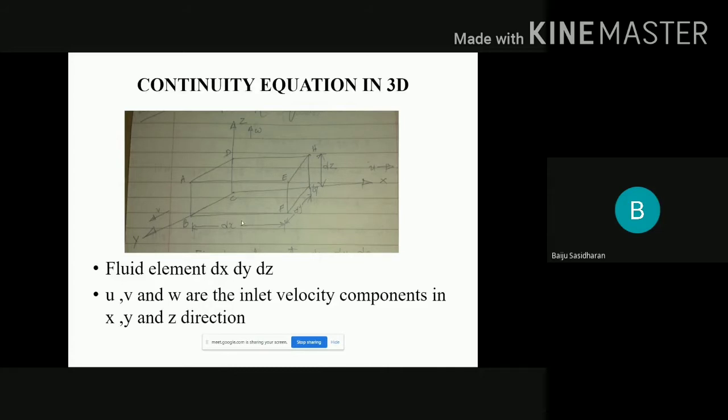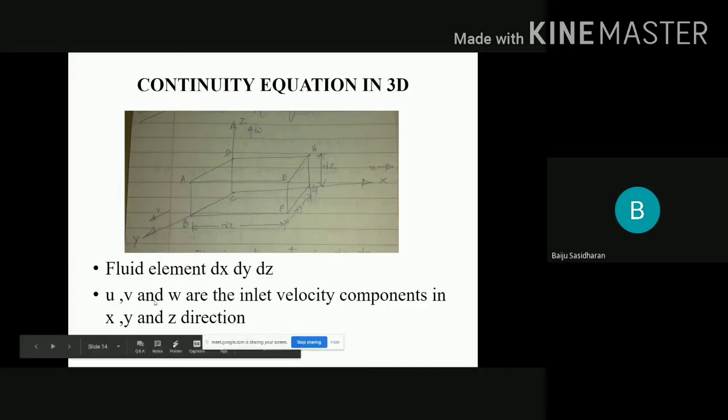So now the fluid element is dx, dy, dz. Here the length of the fluid element is dx, here this dimension is dy, and here this dimension is dz. So we are considering a fluid element of length, breadth, and height dx, dy, and dz.